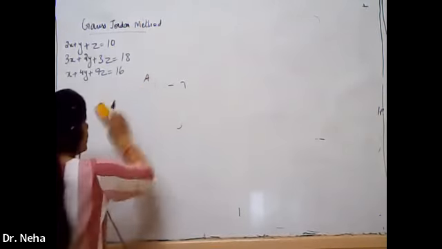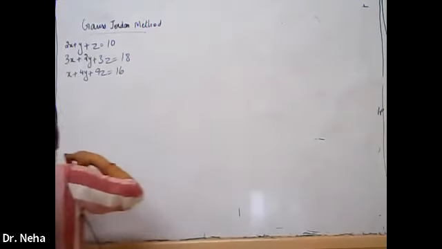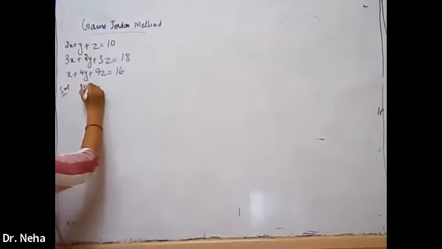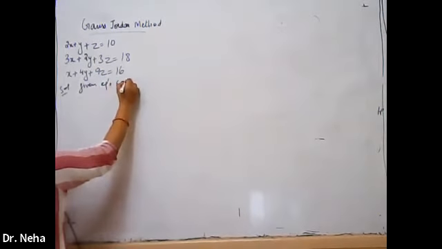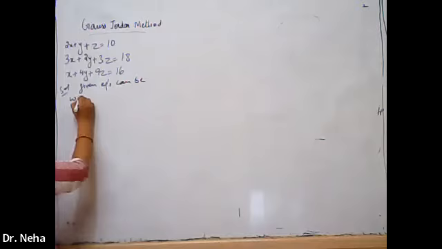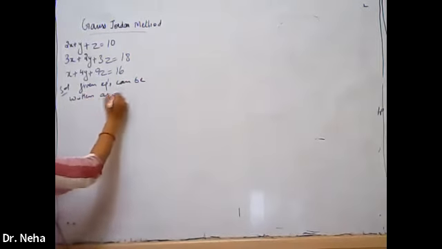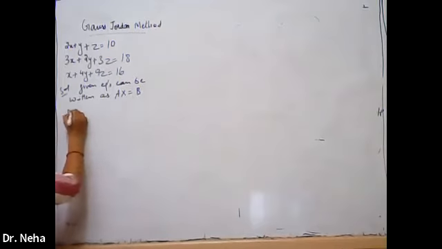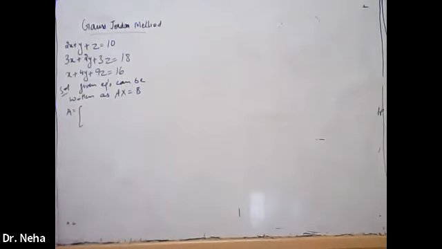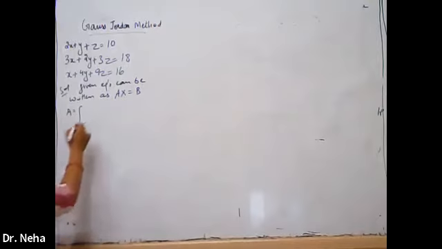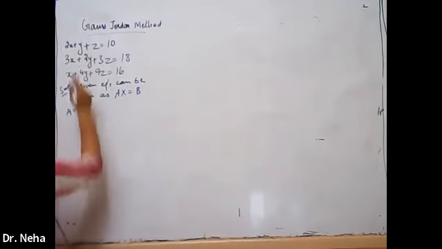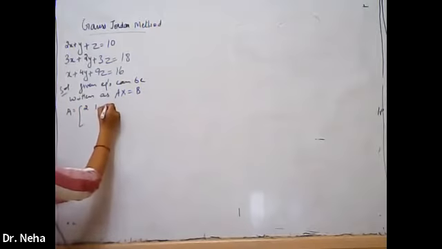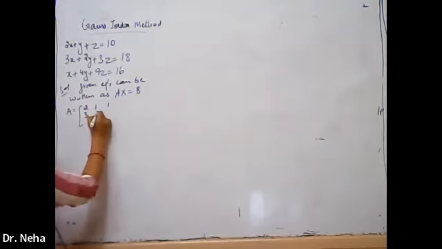Clear? So for that, firstly, let's write down the given equations in matrix form. The given equations can be written as AX equal to B. A is the matrix of coefficients. The first equation will become your first row, the coefficients of x, y, z: 2, 1, 1, then 3, 2, 3.